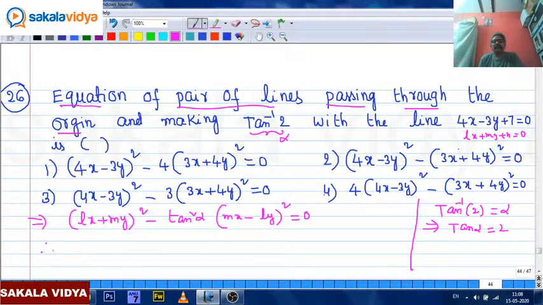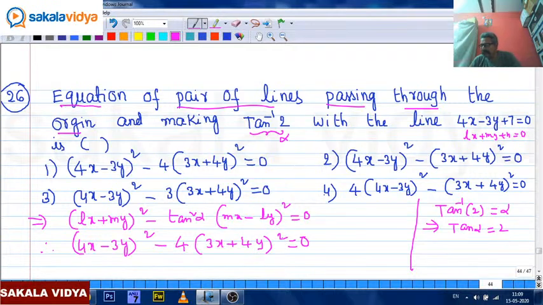Now we can write (4x minus 3y) whole square minus tan alpha whole square, that is 4 times (3x plus 4y) whole square, is equal to 0. Now you need to decide which is the right option. Yes, absolutely correct. So now third option is the right option.